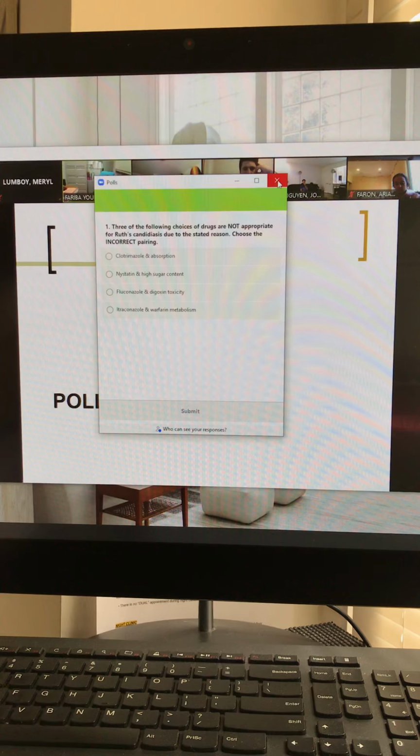The key is the pairing, right? Which one is the wrong pair? That makes sense. Thanks.